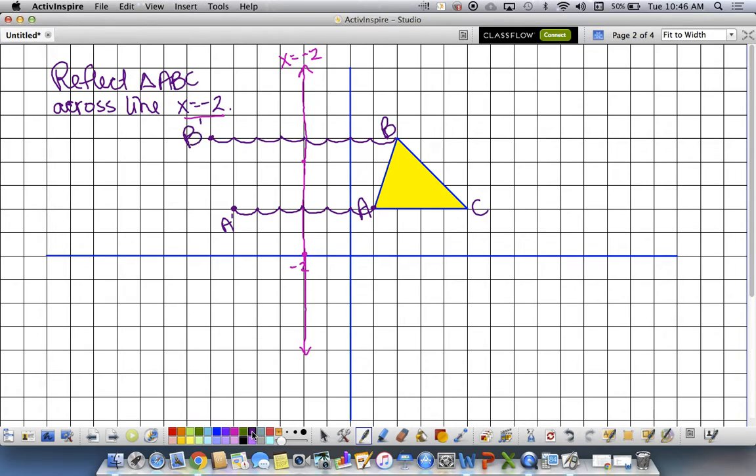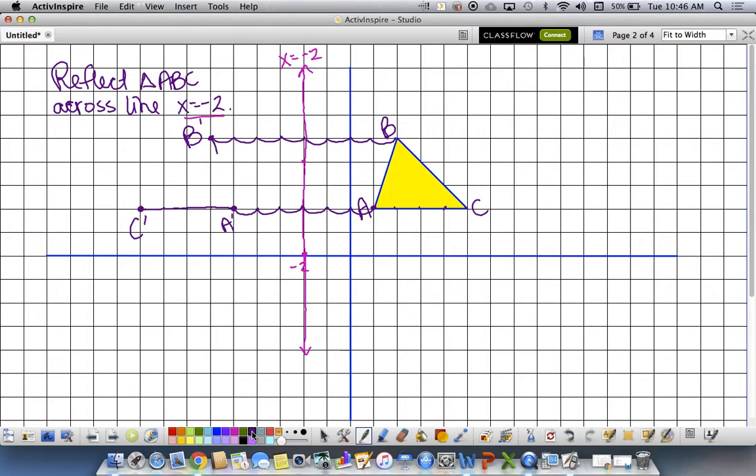So that would be my B prime. What about C? C is a long way, so C is 3, 4, 5, 6, 7 units away. Or I could say from A prime, it is 1, 2, 3, 4 units away from A prime. So I could simply count 1, 2, 3, 4. And there would be my C prime.